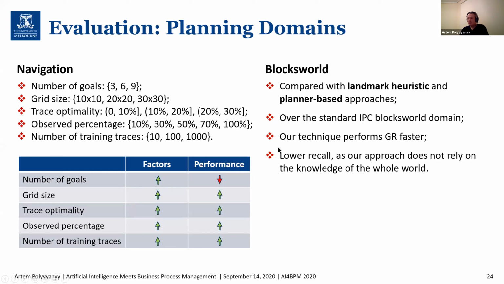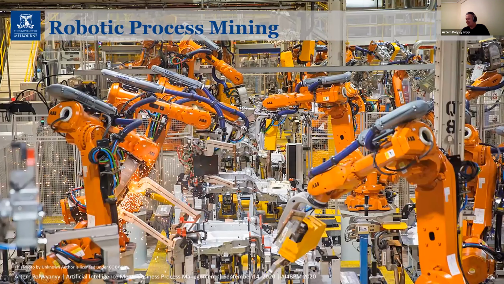All right, so this was one application area, and I would also like to demonstrate another application area, which is robotic process mining. Recently, it is also referred to as task mining. Basically, Gartner is advertising this term very strongly.